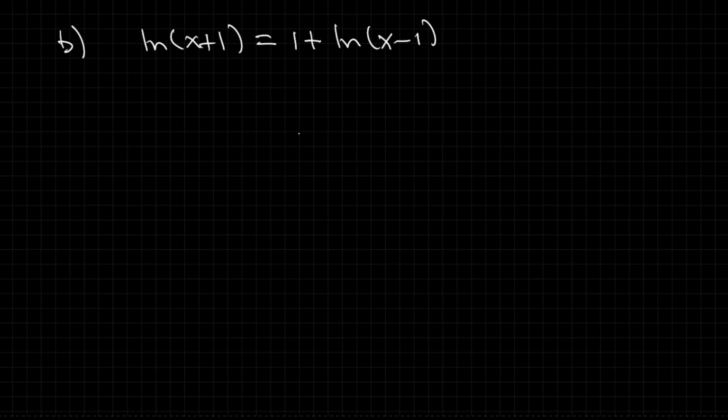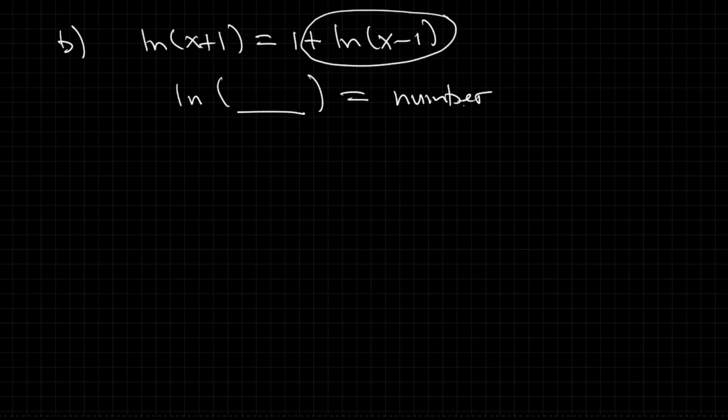So remember the outline. We're trying to get the logarithm, in this case the natural logarithm, of some single thing equals some number. And in order to do that, I'll subtract this term from both sides and use properties of logarithms.